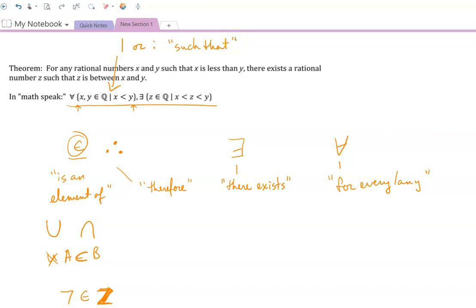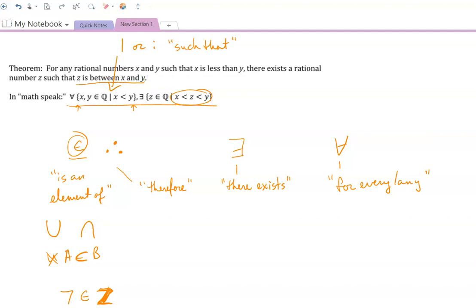Okay, so for every X and Y that are in the set of rational numbers such that X is less than Y, and then backwards E, there exists, okay, a Z, which is also in the set of rational numbers, such that X is less than Z is less than Y. Or in other words, this right here is saying that Z is between X and Y.